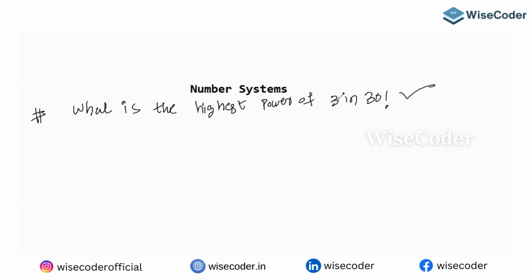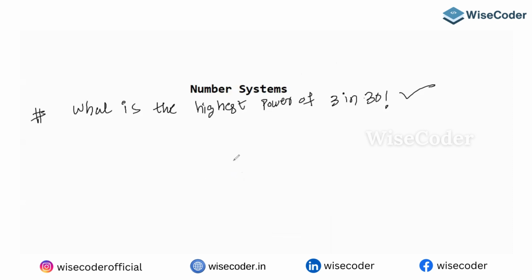If you write 30 factorial like 1 into 2 into 3 up to 30, what could be the highest power of 3 that will come? That's what he's asking. See how difficult this is to do in a regular way, because we cannot write out all 30. It will take time. Then how am I going to do this?